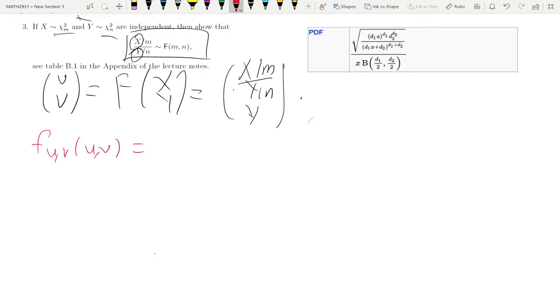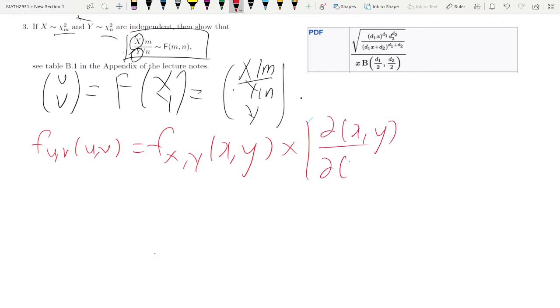Your target distribution is a function of your original distribution multiplied by the derivative of the original variables with respect to the new variables. The easy way to remember is just match the variables on each side with the numerator.